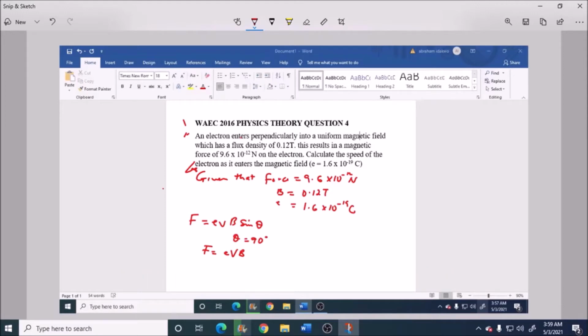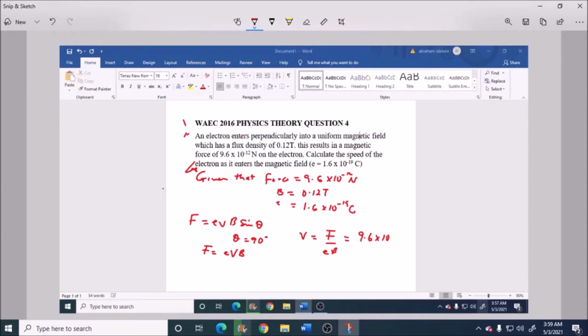So that means we have 9.6 times 10 raised to power minus 12 upon electron charge 1.6 times 10 raised to power minus 19 times Tesla, which is 0.12.